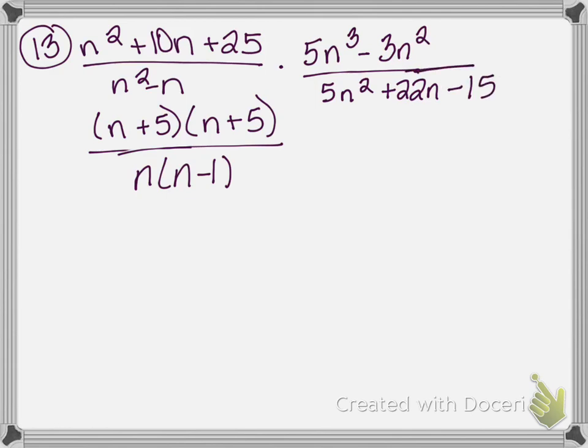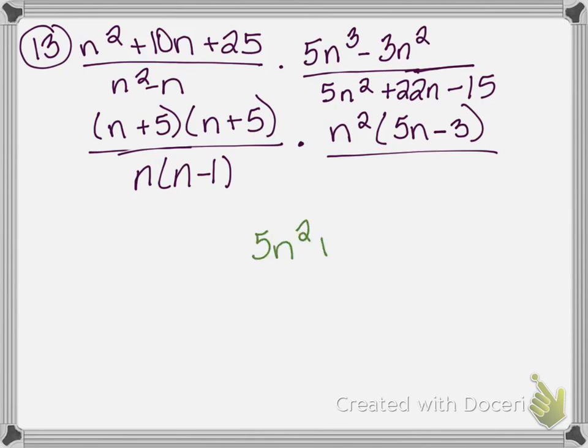Good. Okay. So, when I factor this numerator, I can take an n squared out, and I'm left with 5n minus 3. Now, the thing that has gotten everyone confused is how to factor 5n squared plus 22n minus 15.